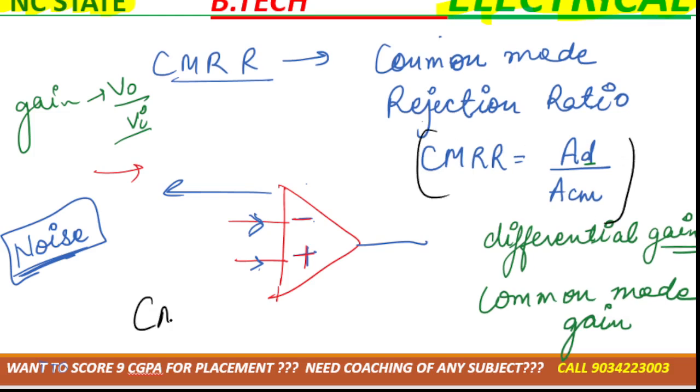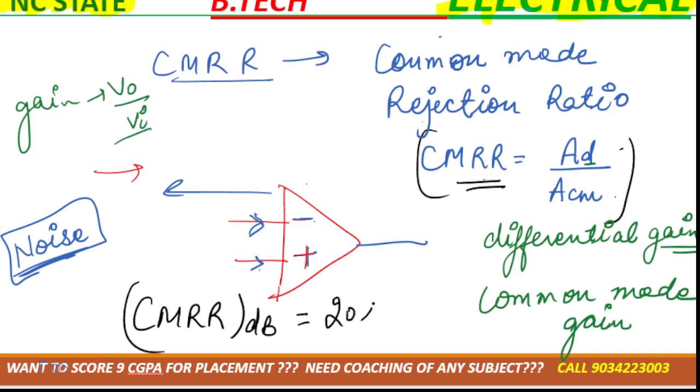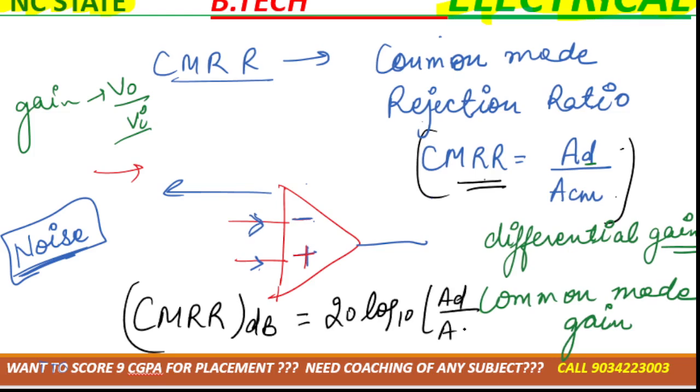If you want to calculate CMRR, it is unitless because it is gain by gain. तो gain by gain से क्या हो जाएगा, कट जाएगा. And if you want to calculate CMRR in decibels, then for that it is 20 log base 10 of A by ACM. Okay, write down this formula for the CMRR.